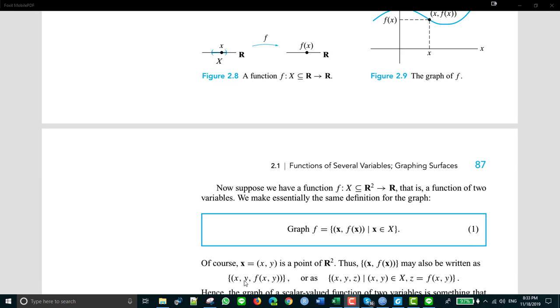So it's the set of all x comma y such that, what's this? Sorry.